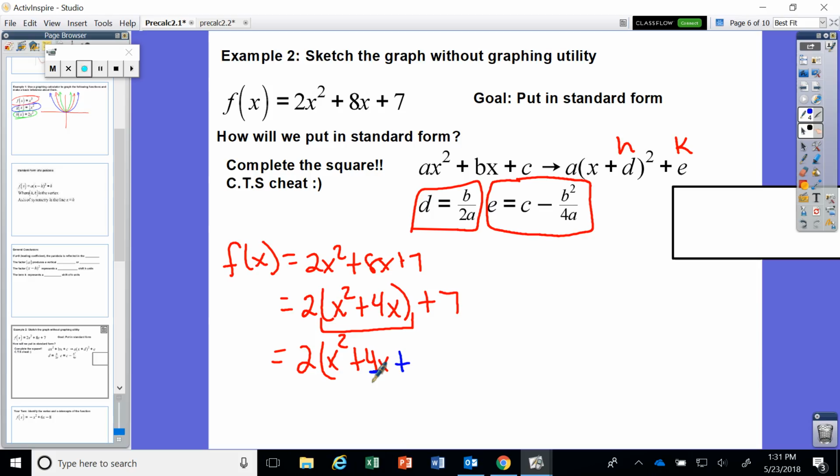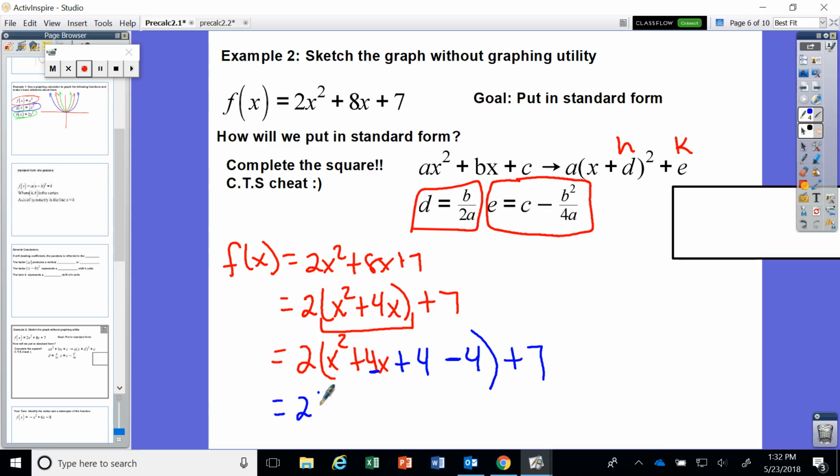It was 4. 4 divided by 2 is 2, and squared it is 4. So I'm going to add 4, but I can't just add 4 because it's not what was there in the beginning, so I'm also going to subtract it. Well, what's the point? You're just going to cancel them out. Technically, they do cancel out because it holds the truth value. However, by regrouping, I still have the opportunity to complete the square.